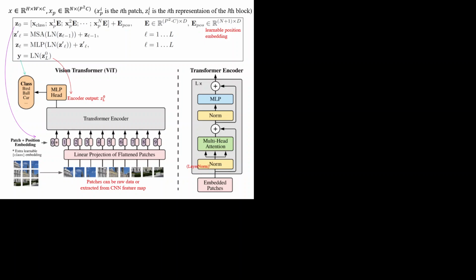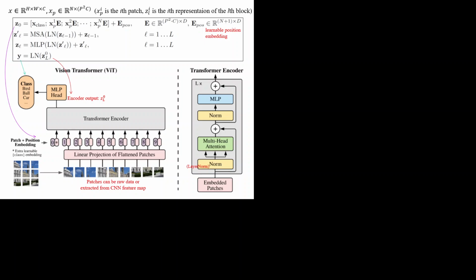And the next one is the first patch embedding, and there is a second patch here. You just concatenate them together plus your position embedding. It's called Z0, meaning it's at the zeroth block.